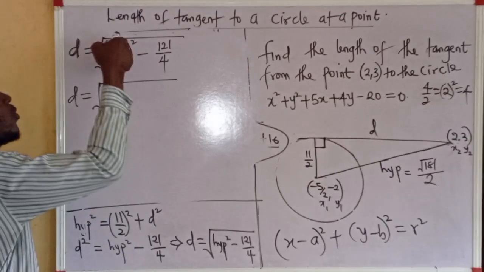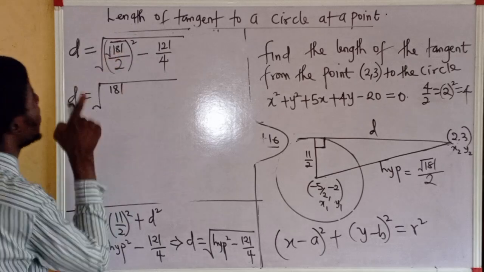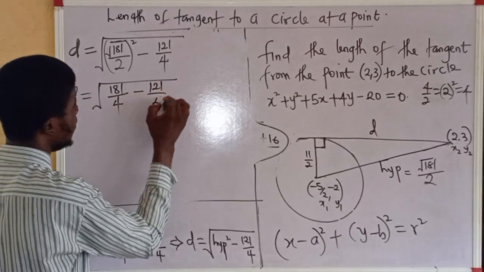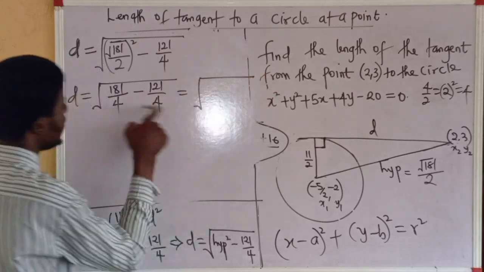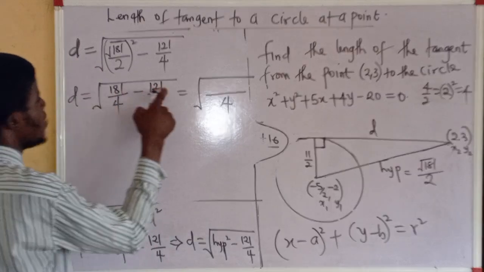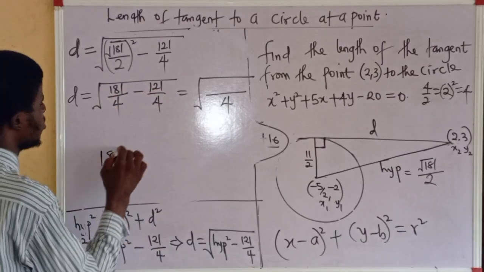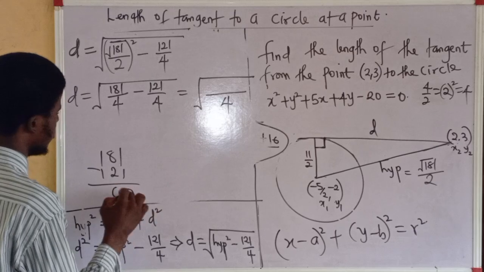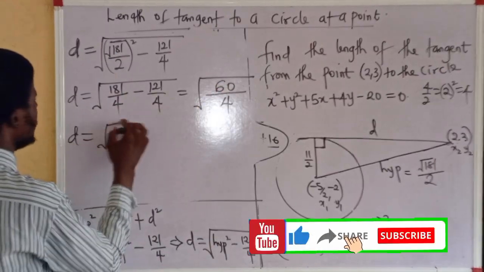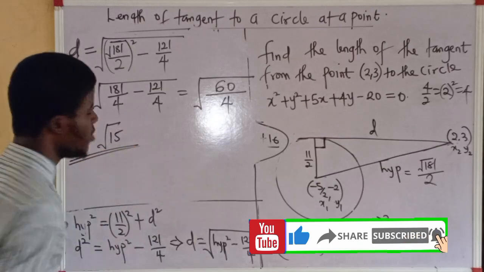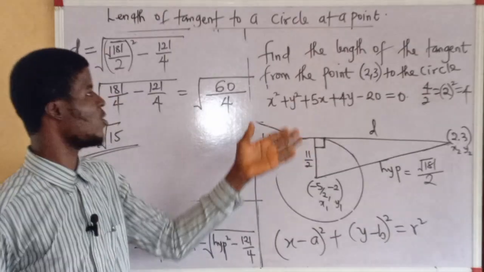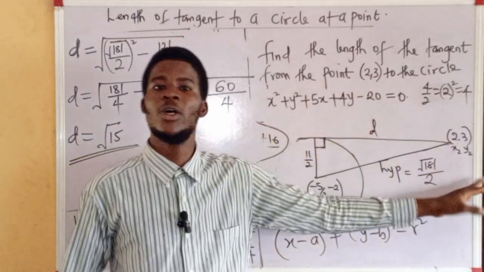We take away the square root, leaving us 181. 2 squared is 4, minus 121 over 4. Since they have the same denominator, 4, we just say 181 minus 121. 181 minus 121 is 60. 60 divided by 4 is actually 15. So the length of the tangent is root 15 units. Alright? So this is how to determine the length of the tangent from a particular point to a circle.